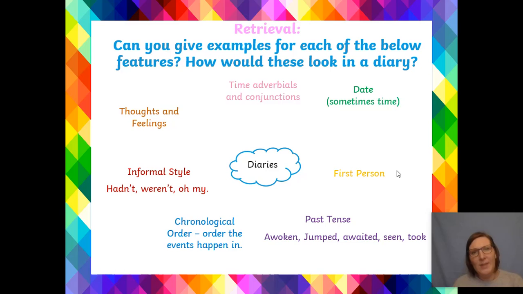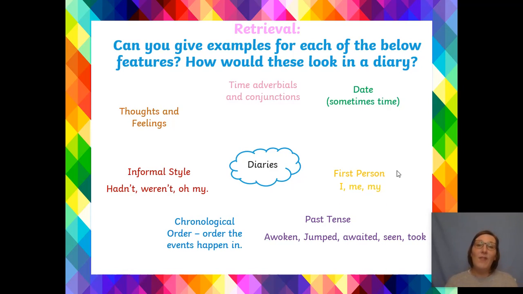It's not really for anybody else. So you don't need to speak in your very best language. You can use an informal style, a more relaxed way of writing, okay? And here we've got words such as hadn't instead of had not, and weren't instead of were not, and oh my instead of she was really shocked, okay?